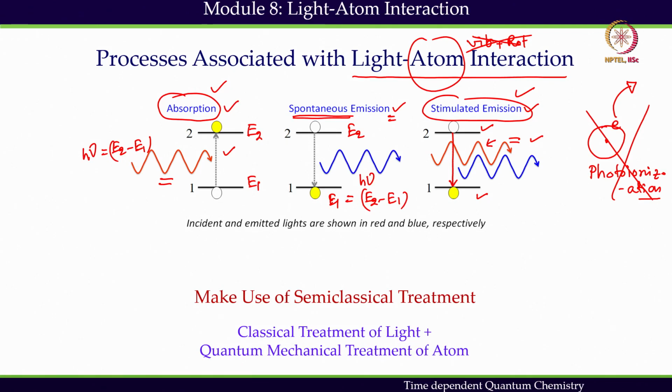Here we will discuss the interaction of light with an atom using semi-classical treatment. In this treatment, the incoming radiation field will be treated classically. Classical treatment of light means that it is represented by an electromagnetic wave.